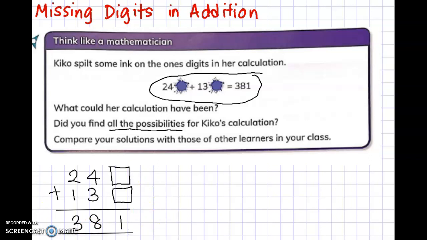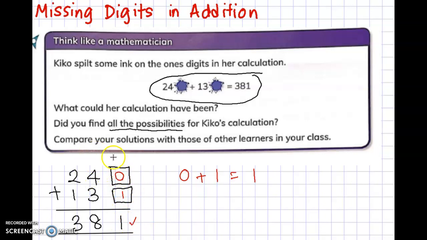As you can see, these two unknowns here add together and you get a 1. Can it be 0 plus 1 equals 1? Well, most likely yes. Let's try this out. If I put a 0 here and a 1 here, it equals 1, which is correct.